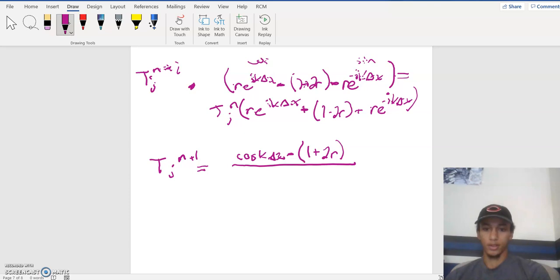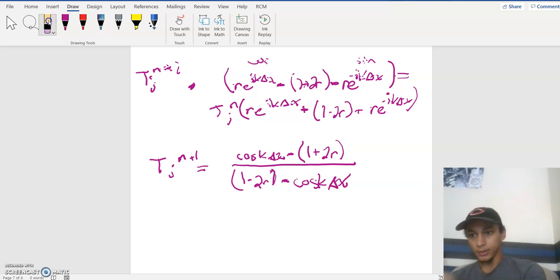So yeah, we factored out the Tj n up there, so this is going to be different, it's going to be 1 minus 2R plus or minus cosine k delta x. And actually I forgot the R's, so let me erase this.